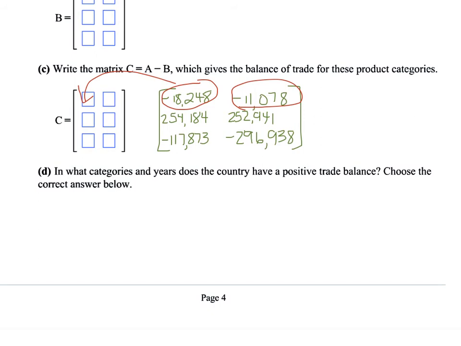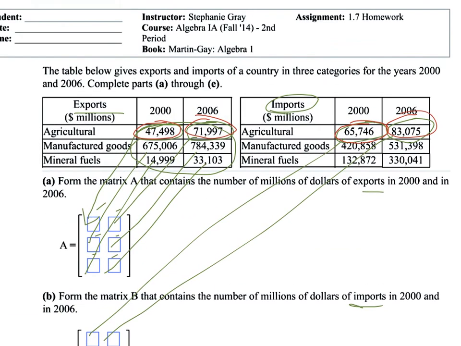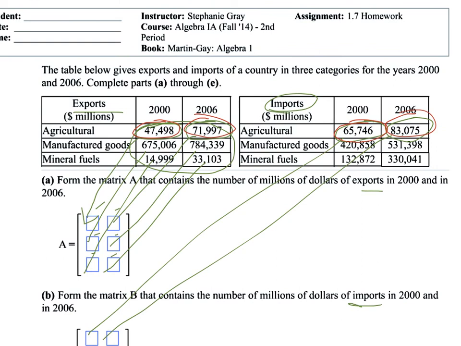Well, you can see right here, the only two places that there is a positive trade balance are in those two categories. So if we go back up and look at the matrices, that's in manufactured goods. In both 2000 and 2006, in manufactured goods, there was a positive trade balance.